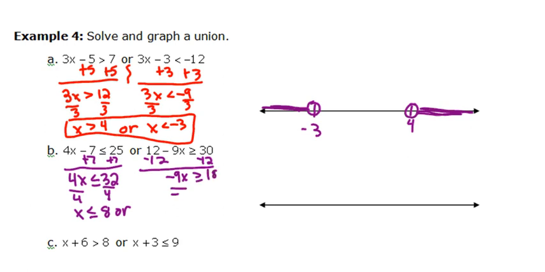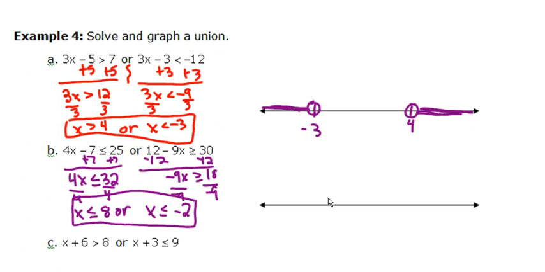I divide by negative 9, and be careful, I just divided by a negative number, so this is x is less than or equal to negative 2. So here, I've got my solution.